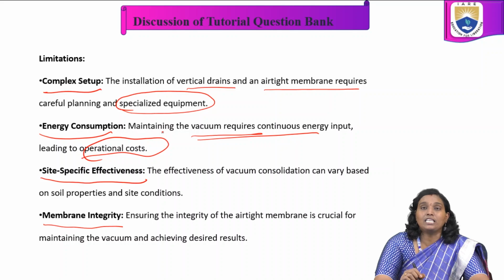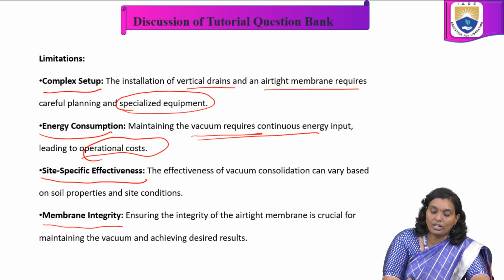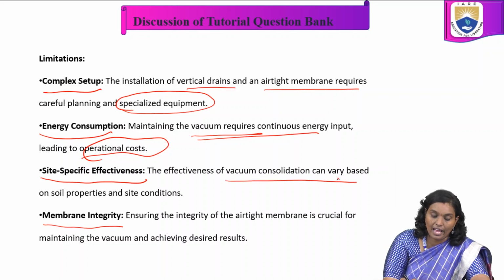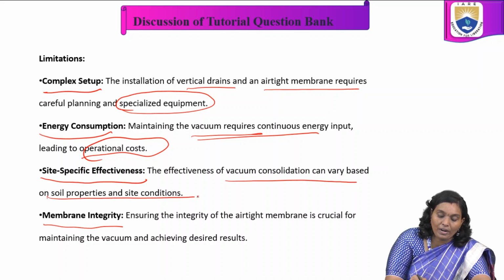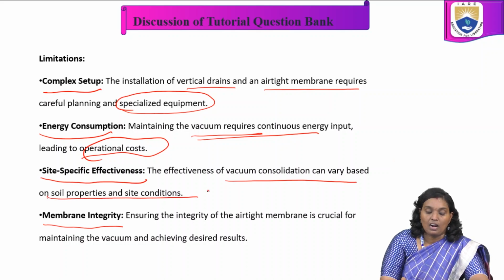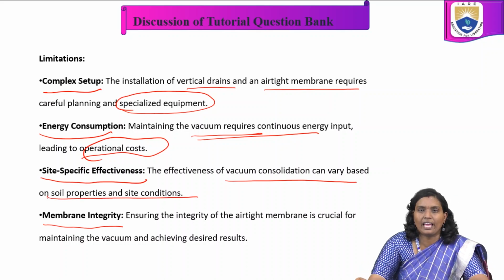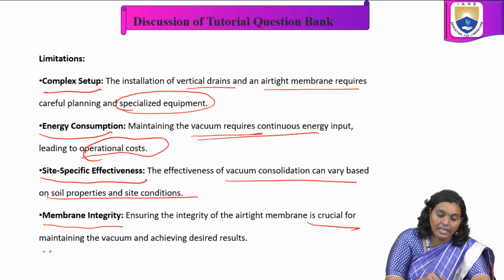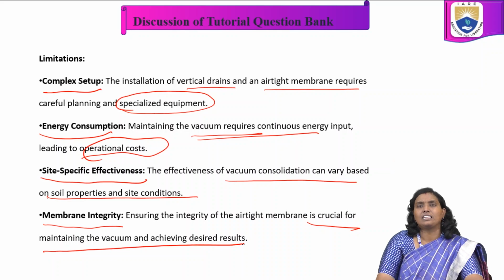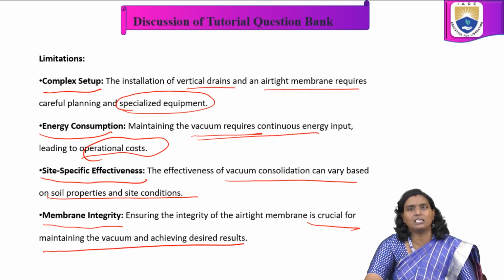And also site-specific effectiveness: the effectiveness of vacuum consolidation can vary based on the soil properties and site conditions. And also membrane integrity: ensuring the integrity of the airtight membrane is crucial for maintaining the vacuum and achieving the desired result. These are the limitations which we observe in this technique.